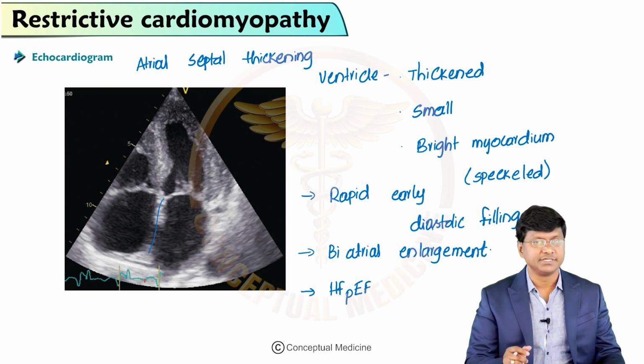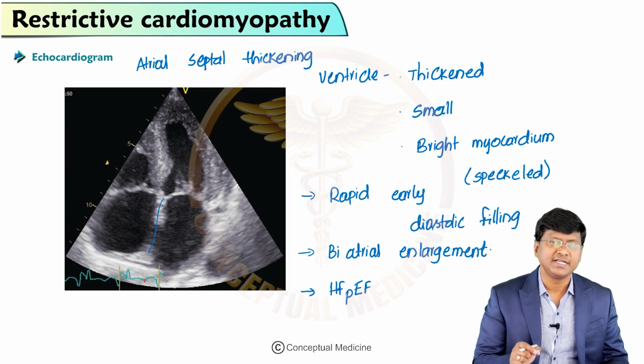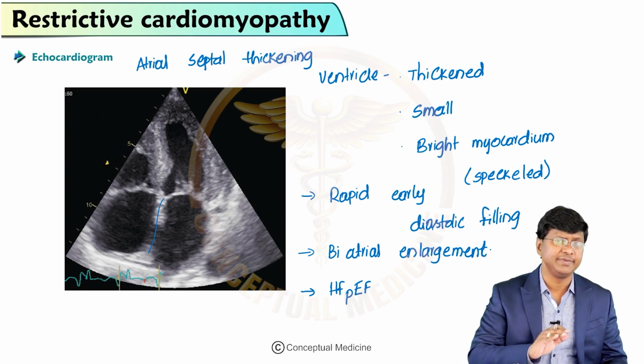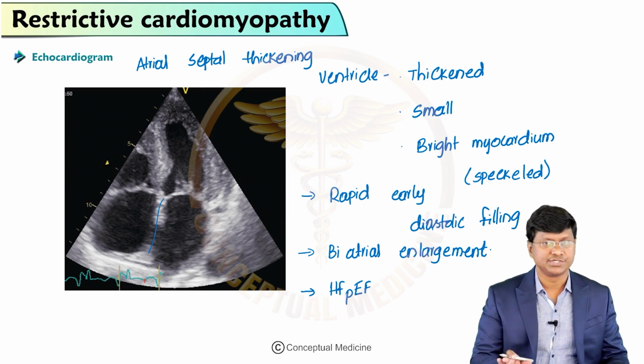That is what you will observe in the echocardiogram. And that speckled pattern is a characteristic myocardial texture in amyloidosis, and there will be thickening of all cardiac structures.